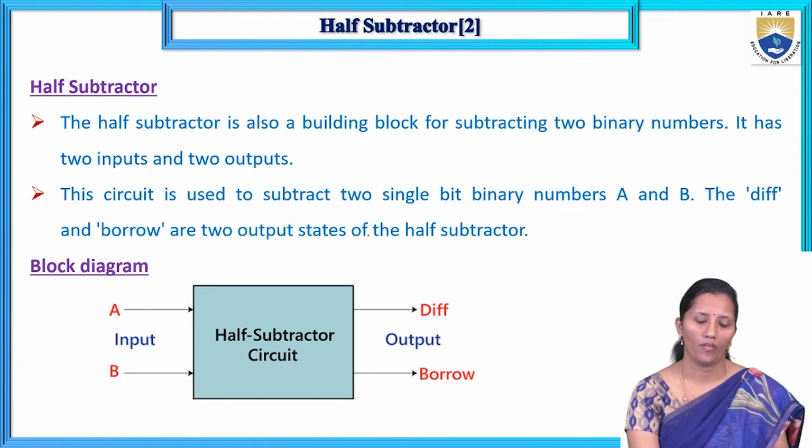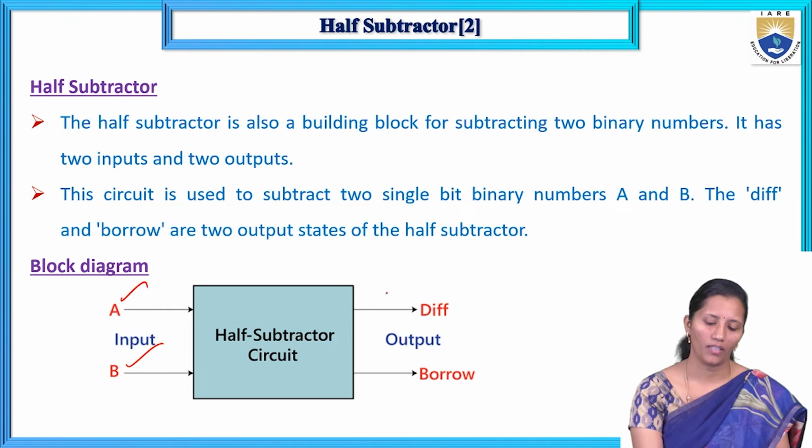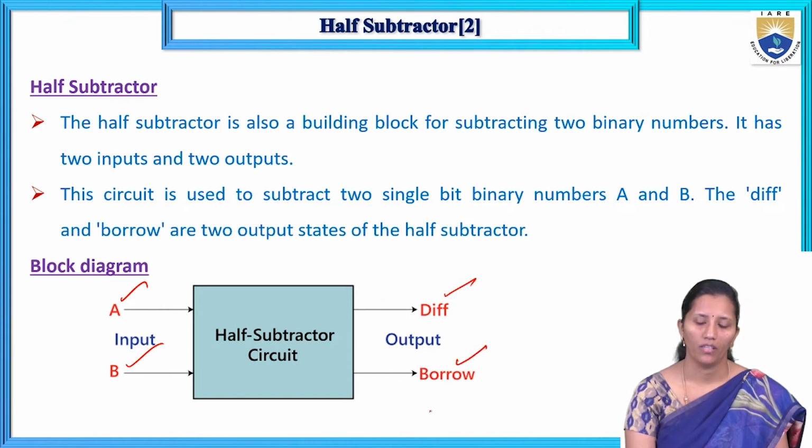The inputs are A and B. The outputs are difference and borrow. So A minus B, after subtraction, gives us the difference. If we do A minus B and B is greater than A, we will get the borrow.